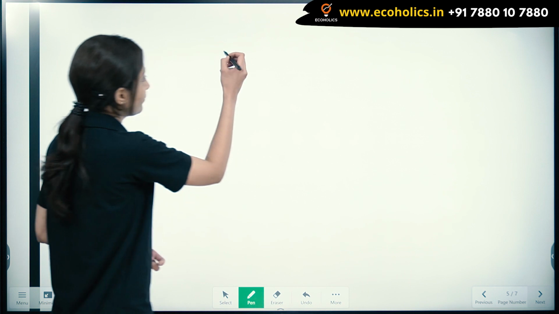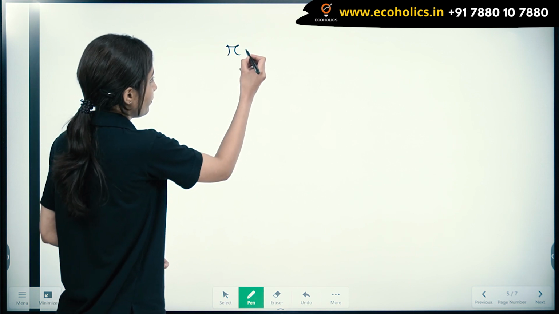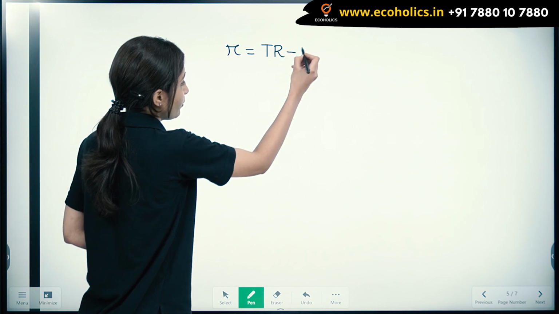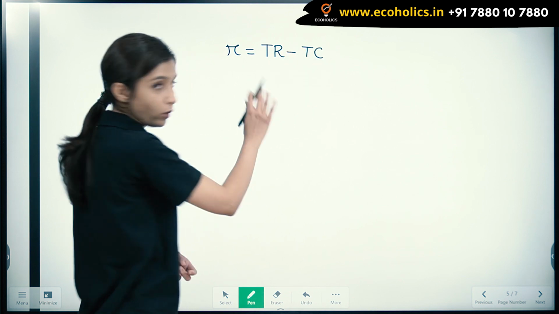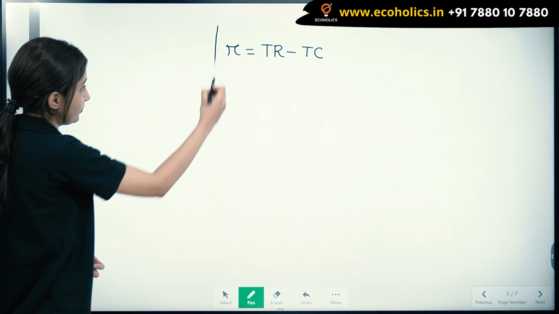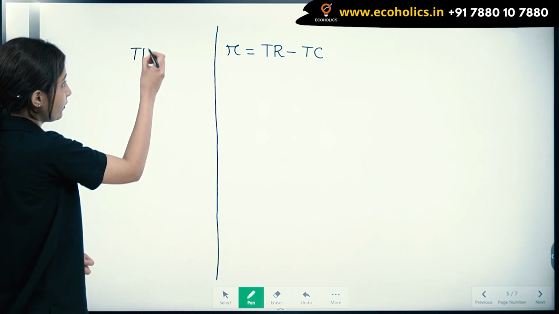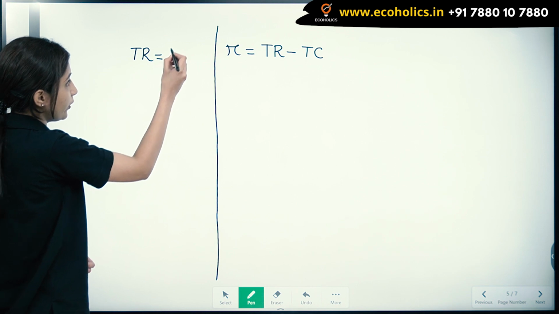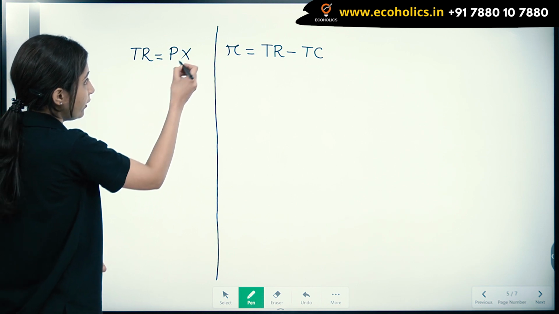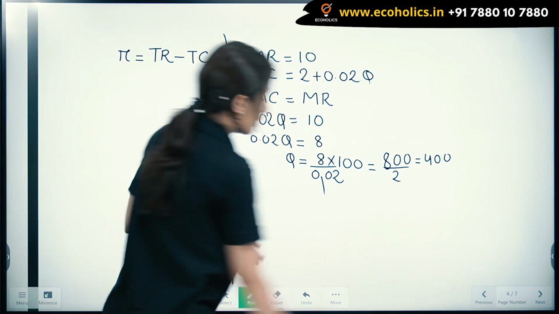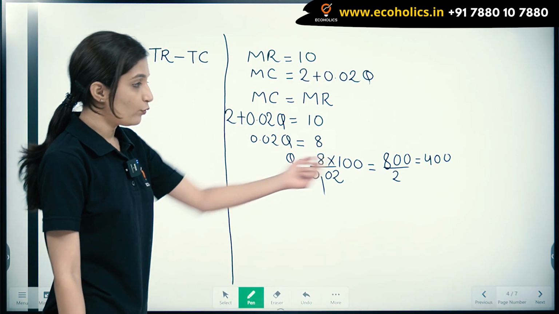So we have profits as total revenue minus total cost. So our total revenue is equal to price into quantity, and we have seen that our Q is equal to 400.